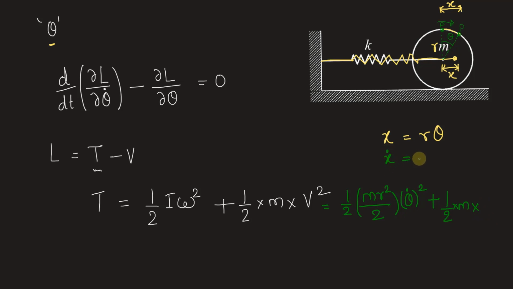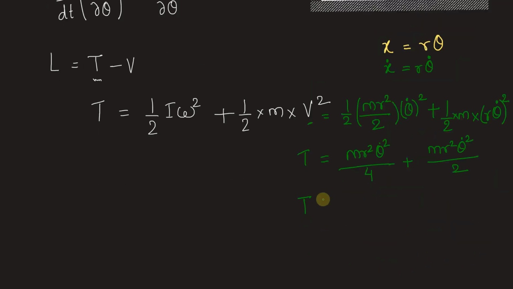So x dot will be, r is a constant, derivative of theta is theta dot. So we can write in place of v, r theta dot, squared. Let's simplify this. We have m r square theta dot square by 4 plus m r square theta dot square by 2. Adding the two, we have T equal to 1 by 4 plus 1 by 2 into the numerator term. So it is 3 by 4 m r square theta dot square.